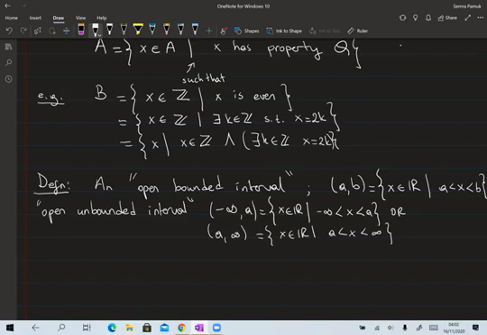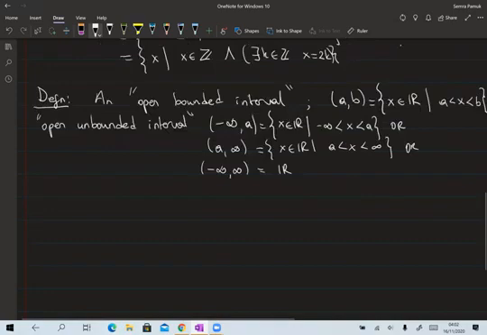Both of them are unbounded intervals. And what else is this one? This is nothing but all the real numbers.